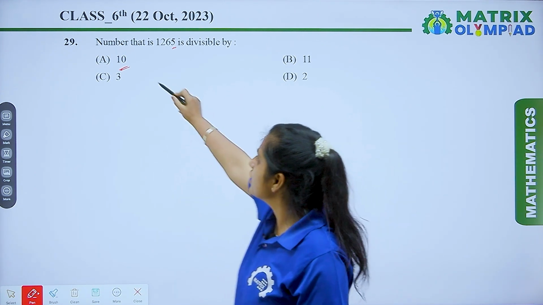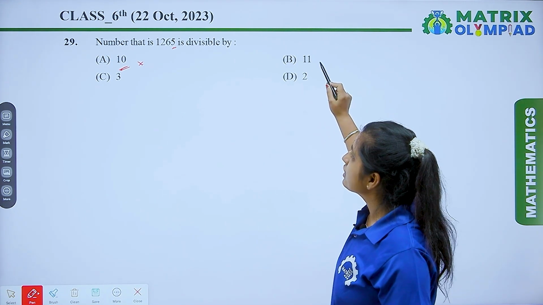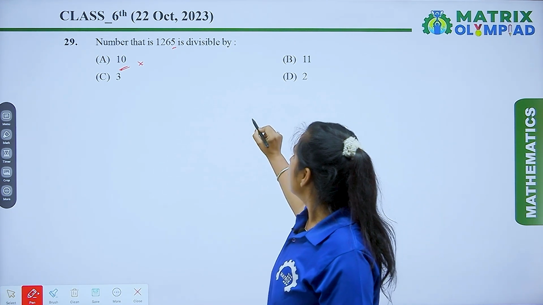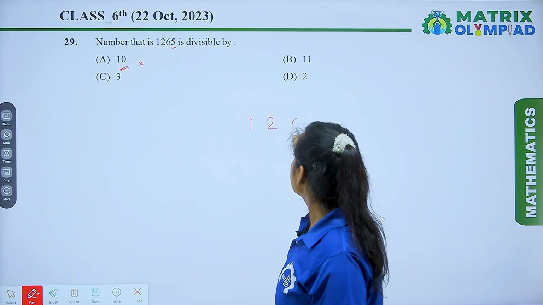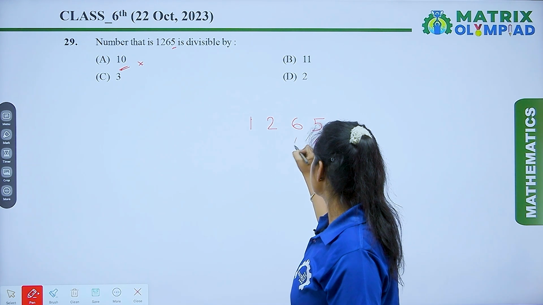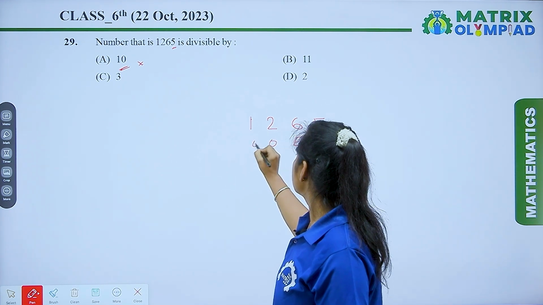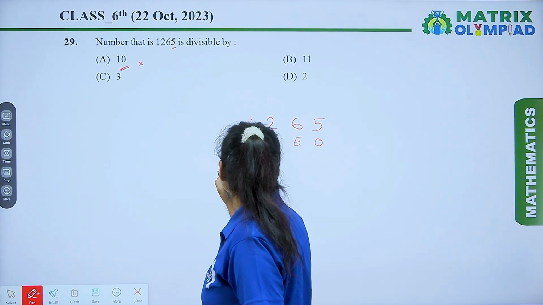So here option A is incorrect. Option B, that is 11. Now for 11, we have to check odd and even places. So here 5 is odd, 6 is at the even place. So let's find the difference between the sum of odd and even place digits.